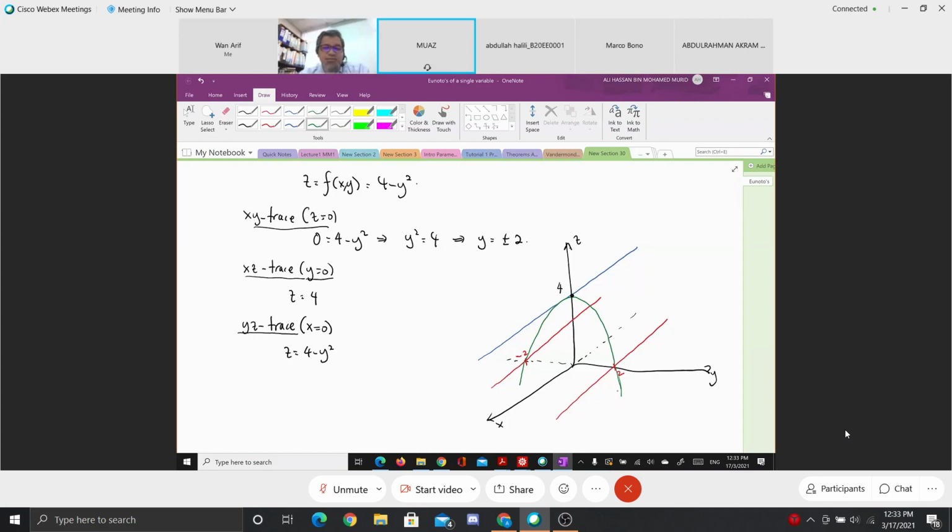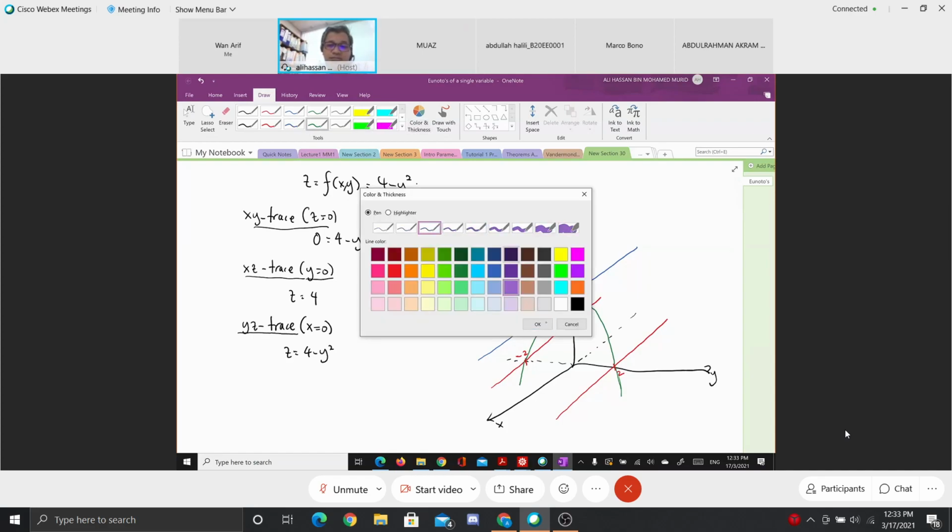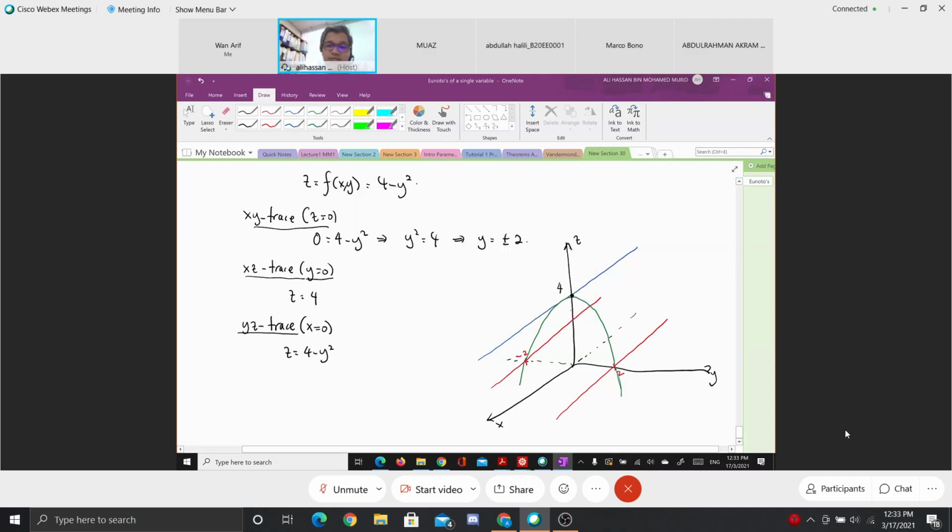Yes, it looks like a tunnel. So the surface is something like this.